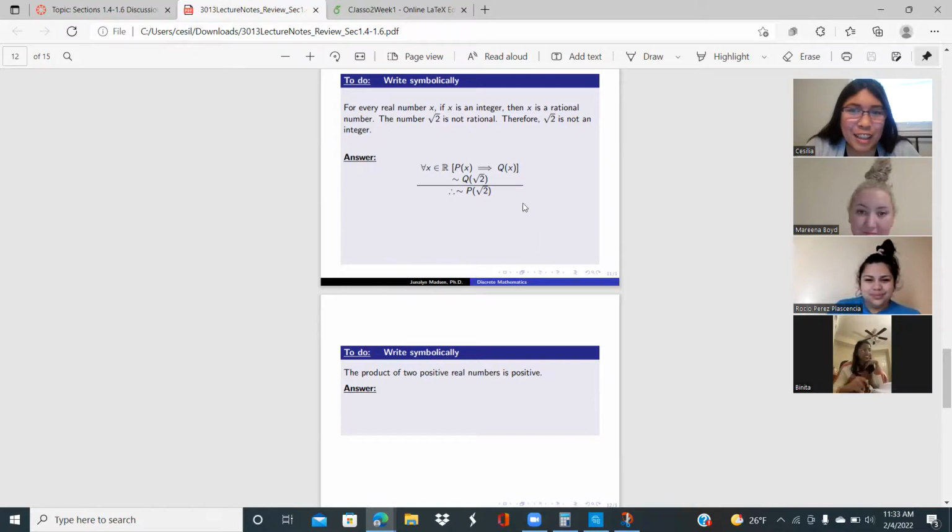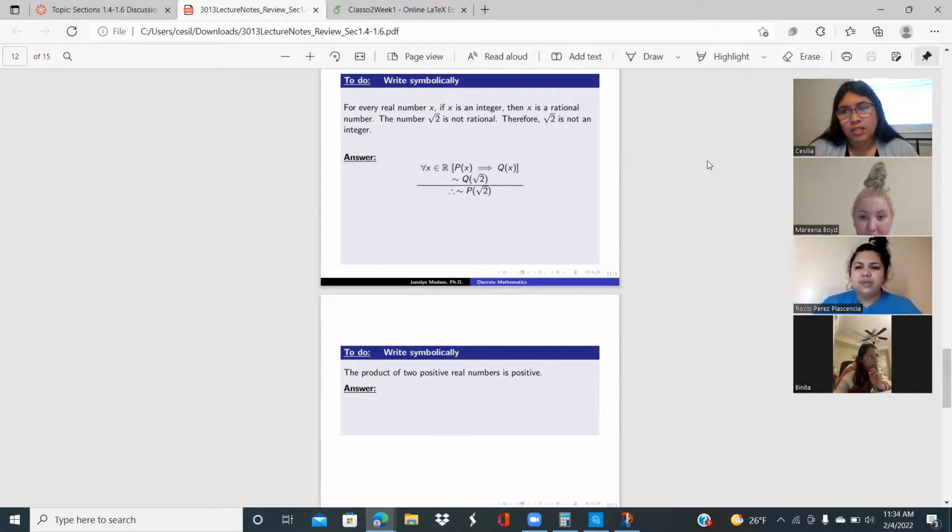Okay, and then this one right here. I think we have to write it symbolically: for every real number X, if X is an integer, then X is a rational number. The number root 2 is not rational, therefore root 2 is not an integer.